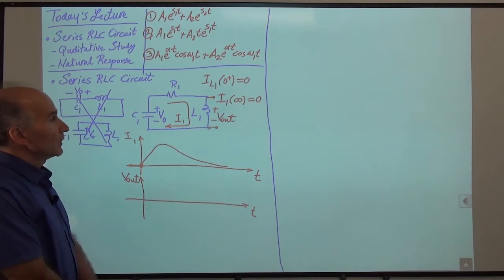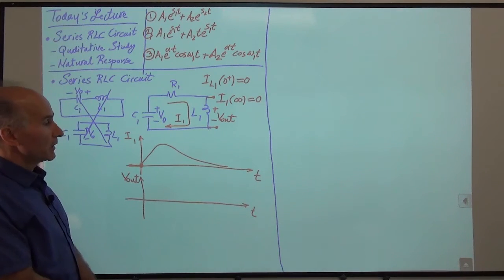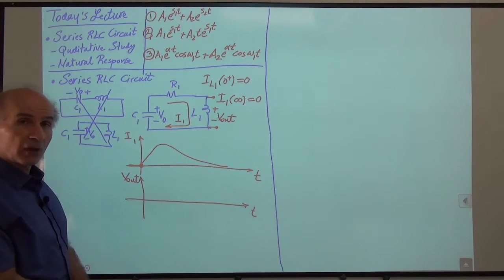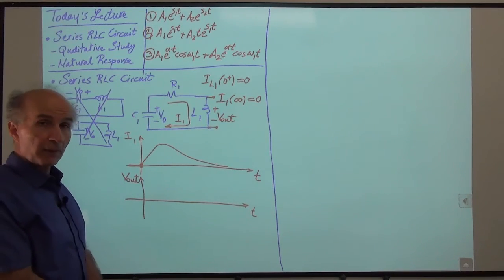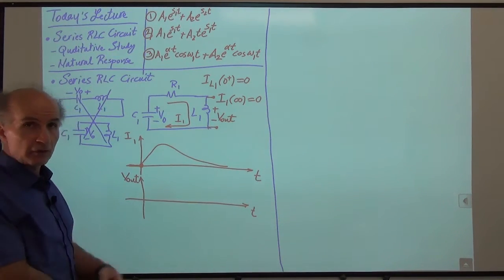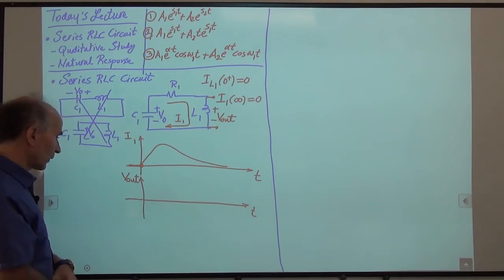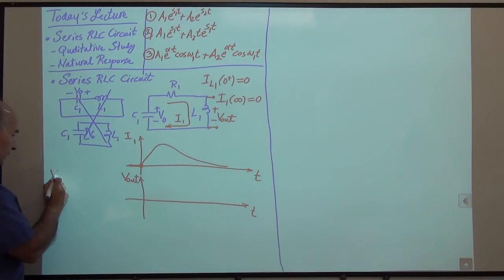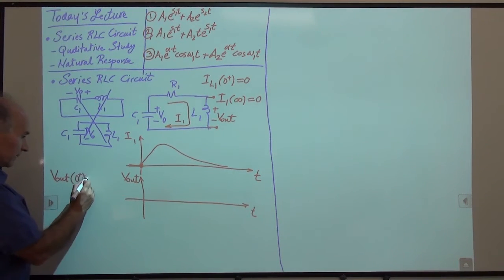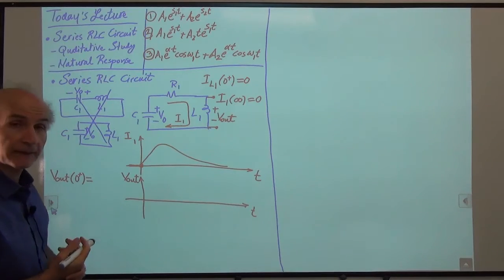Okay, so we have to decide how much V out is at time 0 plus, how much V out is at time infinity, and then try to connect the dots, so to speak. Okay, so how much is V out at time 0 plus? What can we say about that?